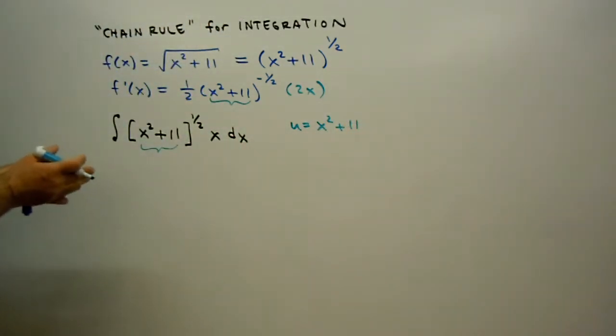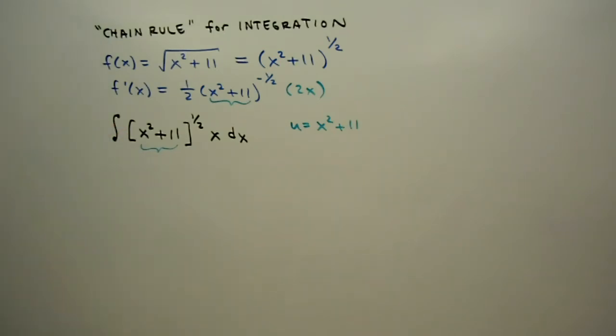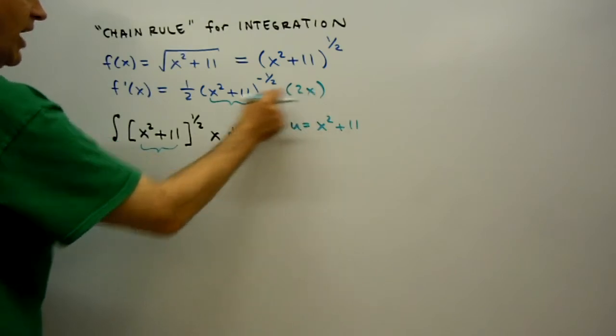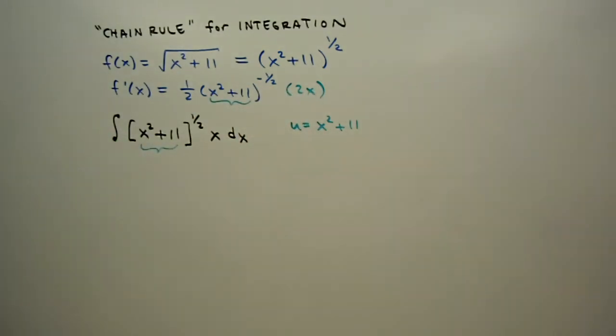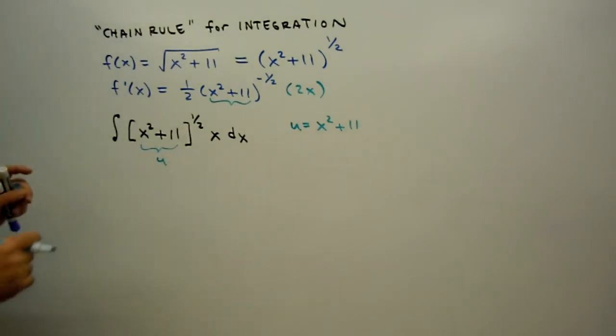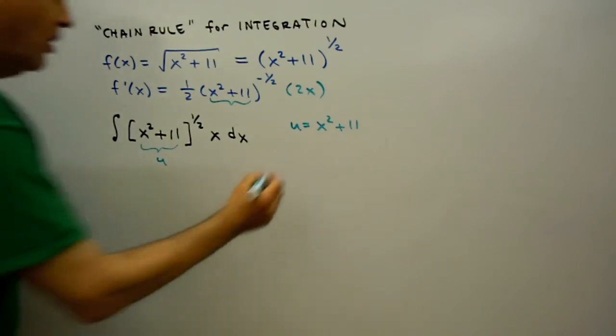Remember that what this is supposed to be is a derivative, and we're going in reverse to find out what the original function was. So, like we had in the example of the derivative, we have to have this proper derivative of the inside function on the outside. And if we call this u, we have to have the proper du on the outside. The derivative of that inside would have been produced had you done the derivative going forward.